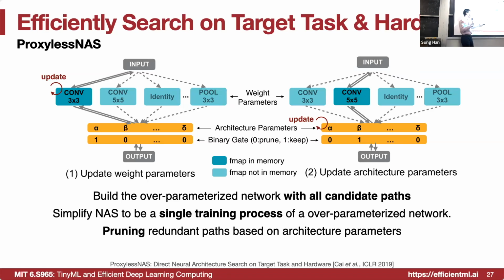So we are never starting from scratch, but we just train with a single process of this over-parameterized network. Okay? And we can prune those redundant paths based on those architectural parameters. So finally, we just remove those paths with small probability and leave only one in the end when we are doing inference. Okay.